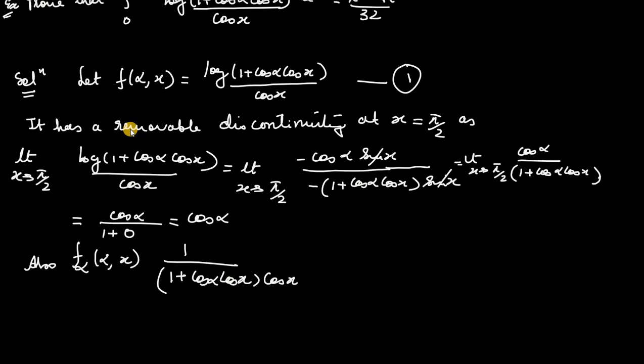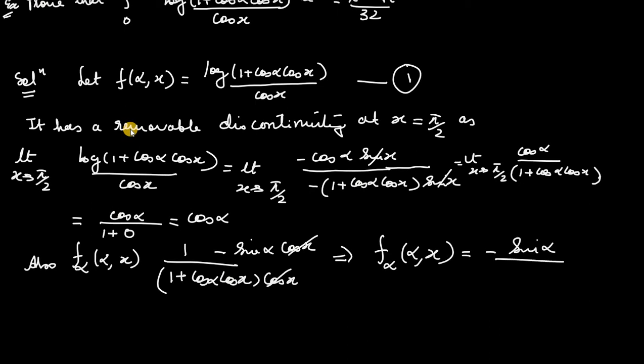Note here you have to differentiate with respect to alpha. The differentiation of cos alpha will be minus sine alpha, and since we have this cos x, it will be there. So cos x can be cancelled. It implies that f suffix alpha of alpha x is equal to minus sine alpha divided by (1 plus cos alpha cos x).